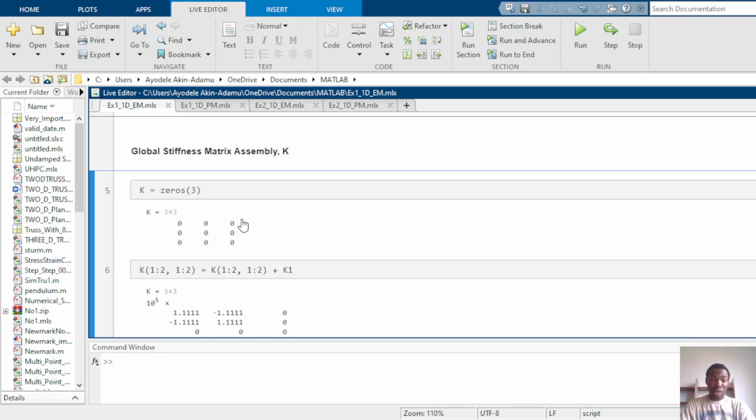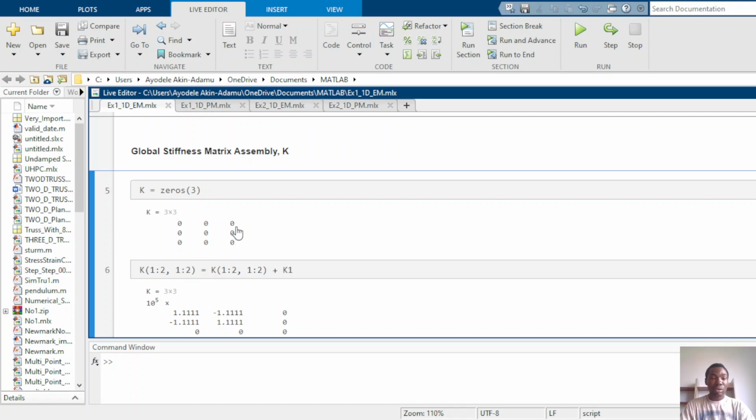Now that this is known, the first thing we need to do is to create a base matrix. That base matrix is actually a zero matrix. We create a 3 by 3 zero matrix.